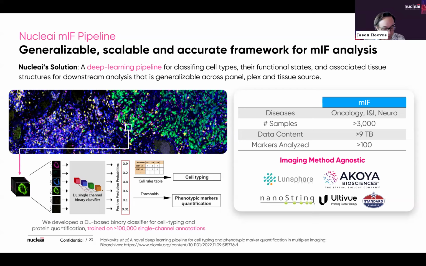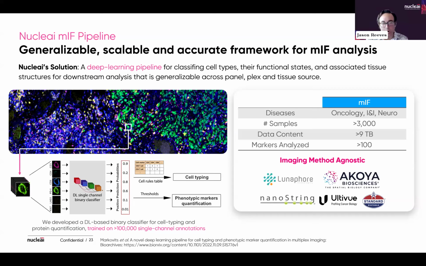This is a field that is both growing in terms of adoption in the research space, but also we're starting to see clinical trial engagement of these types of assays, usually in retrospective settings. But there are now examples of these types of assays moving into the prospective setting, like I mentioned at the start of the talk with that example with Akoya and Akravan working together to use these assays for prospective enrollment.